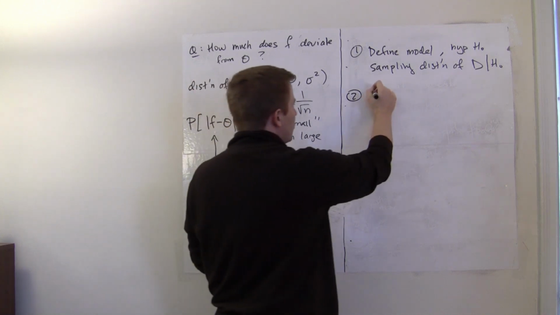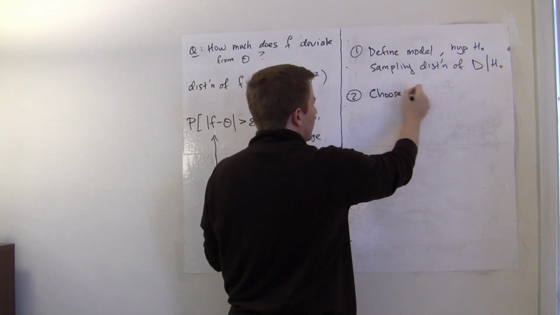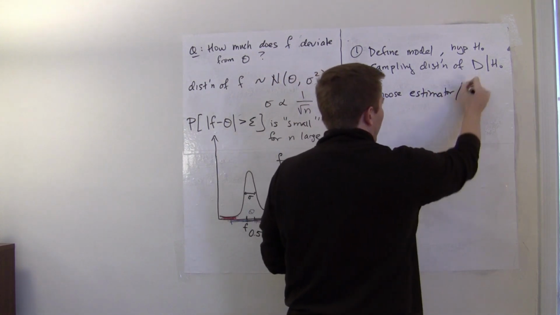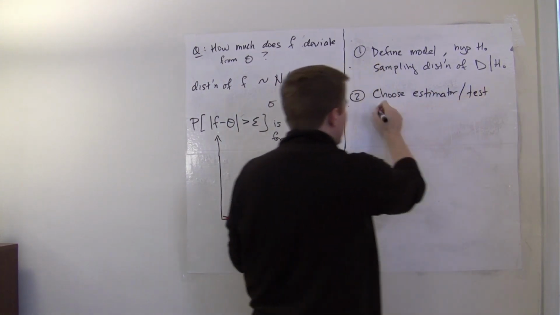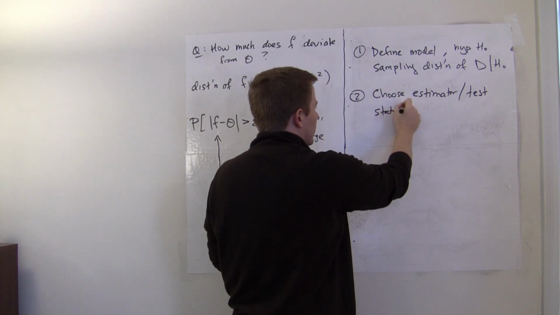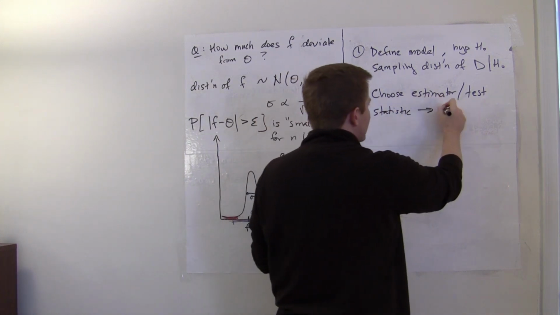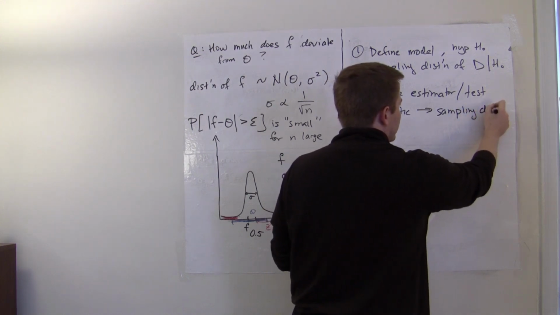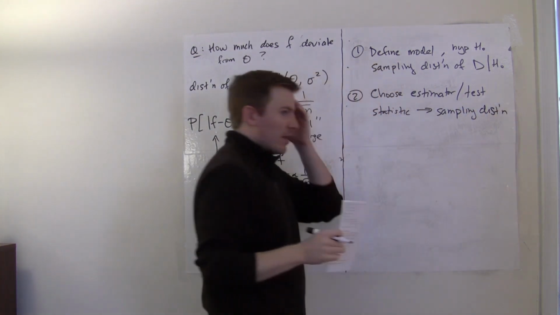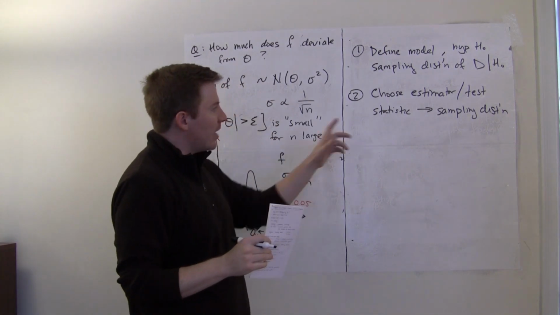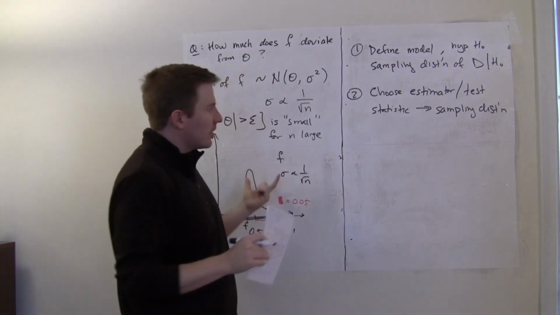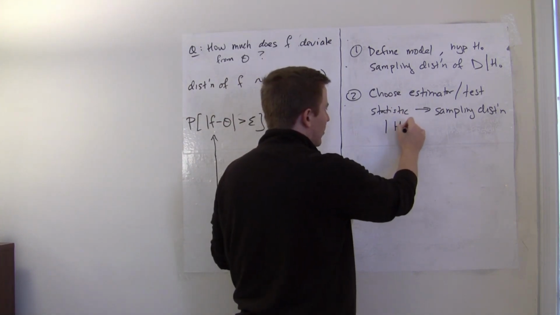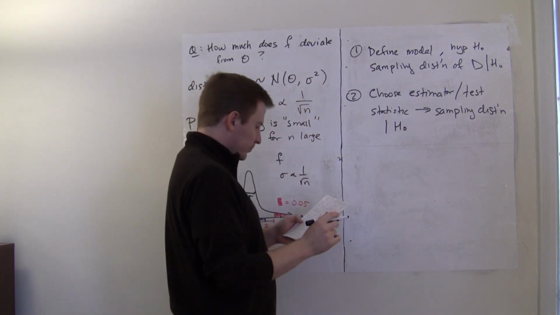Okay, choose some estimator, or test statistic or whatever it is, and compute its sampling distribution under this model. So whatever summary quantity we want of the data, we can write out probabilities of its sampling distribution conditional on the hypothesis being true.